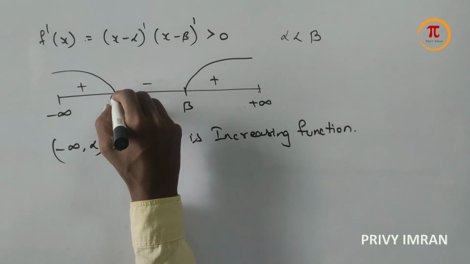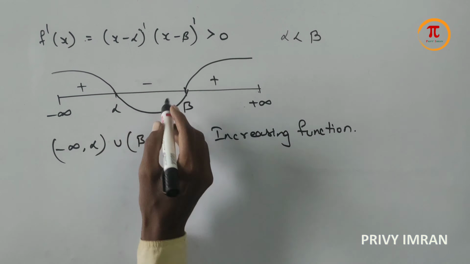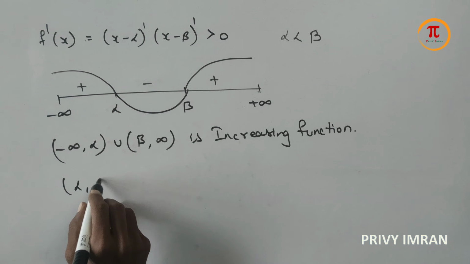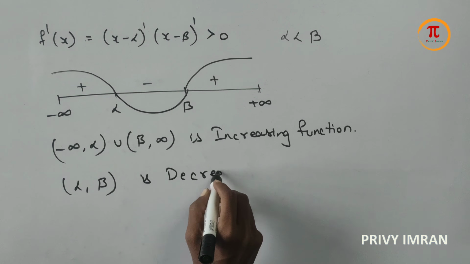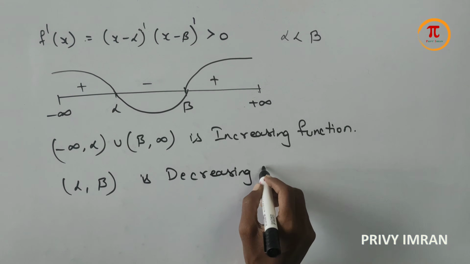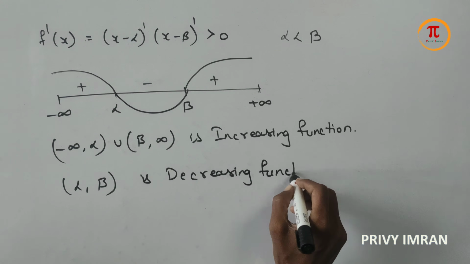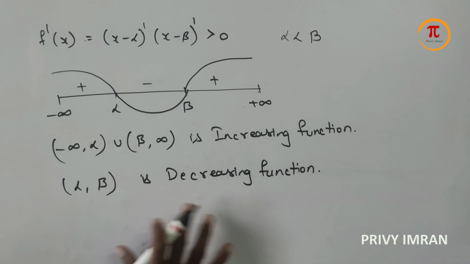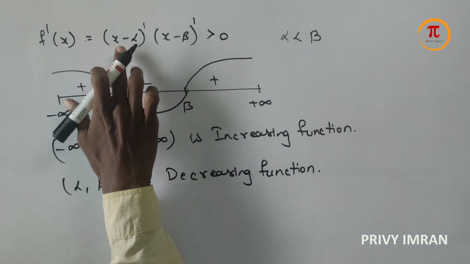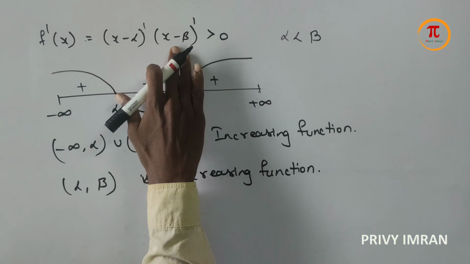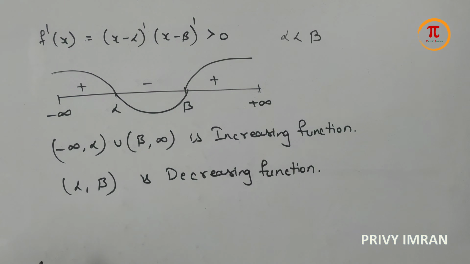And again from alpha to beta it is a decreasing function. I hope you have understood the wavy curve method when f dash of x equal to (x minus alpha) into (x minus beta) is greater than 0.